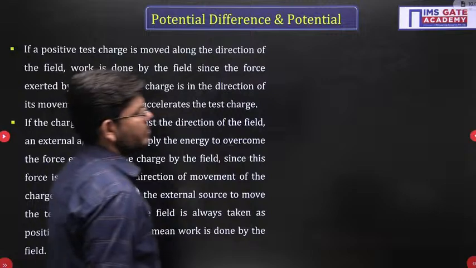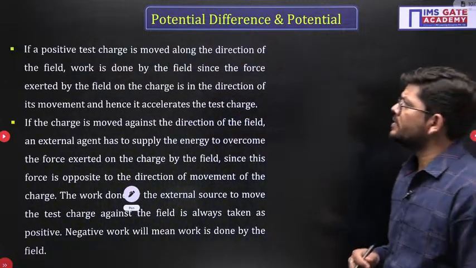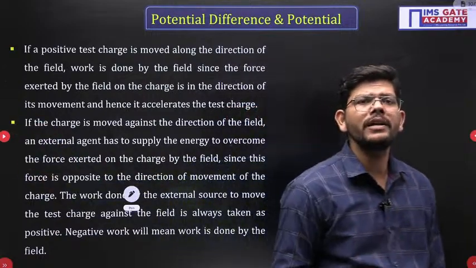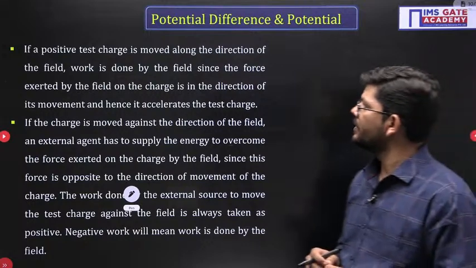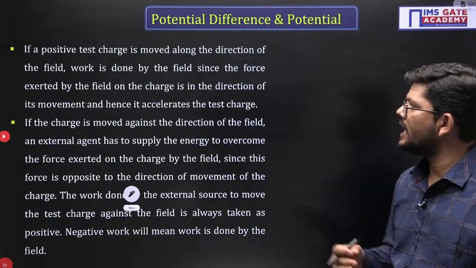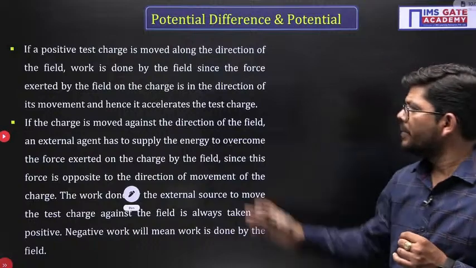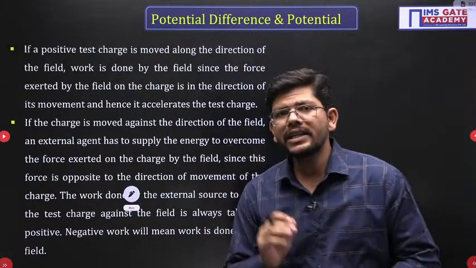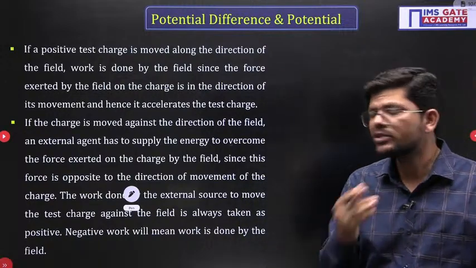Now, as I told you, if a positive charge is moving along the direction of the field, work will be done by the field, since the force exerted by the field on the charge will be in the same direction as the movement. But if the charge is moved against the direction of the field, an external agent needs to supply energy to the charge in doing so, isn't it?